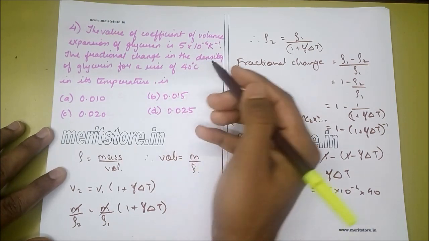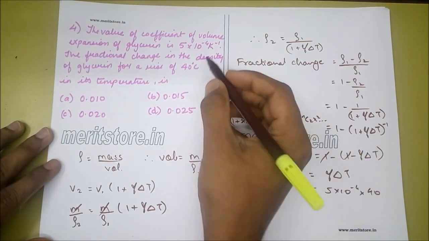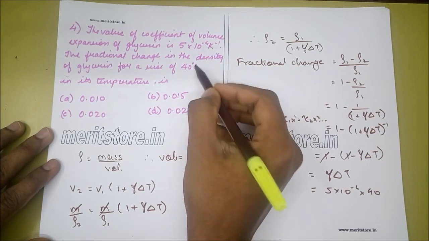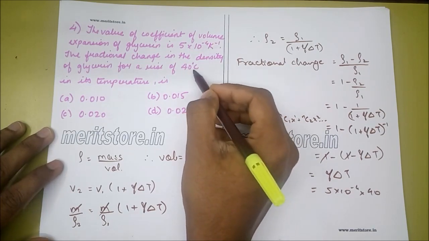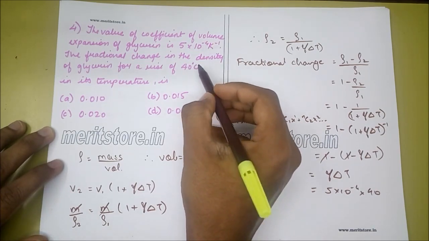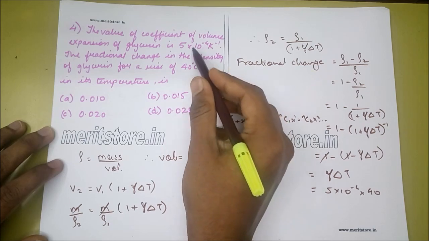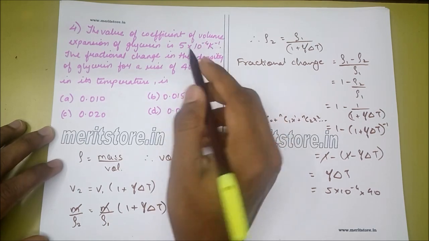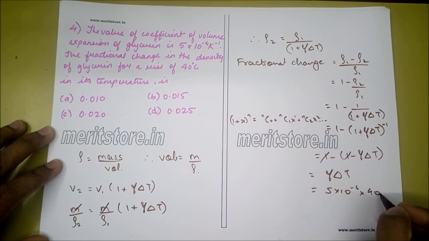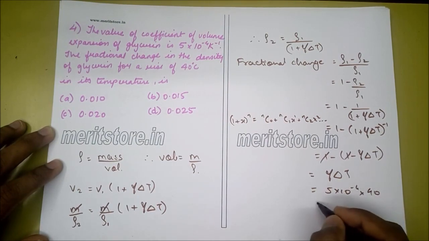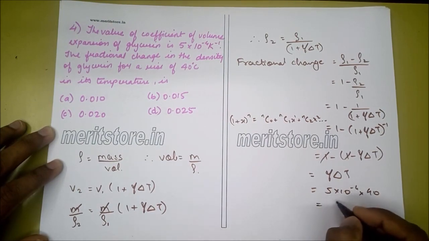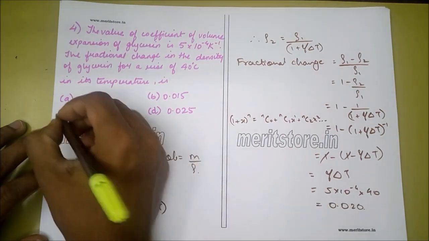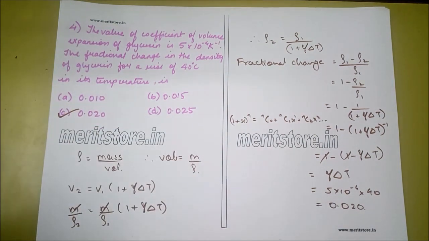However, since the change in degrees Celsius and Kelvin is the same, like 1 degree rise in temperature on the Celsius scale is the same as 1 degree rise on the Kelvin scale, we can directly substitute here as degrees Celsius. So this comes out as 0.020, hence option C is the correct answer.